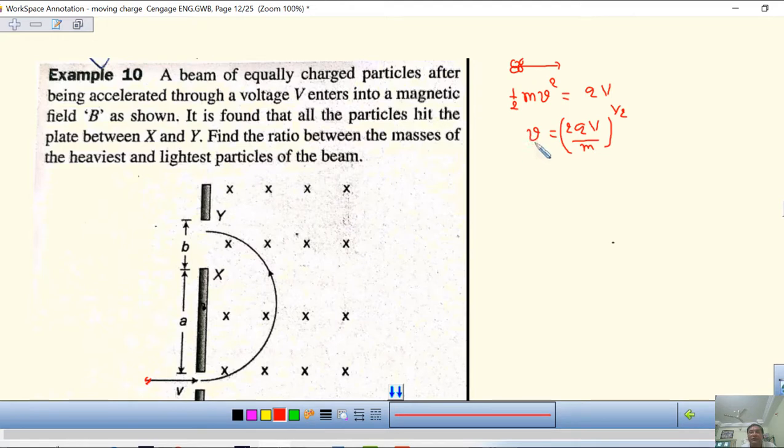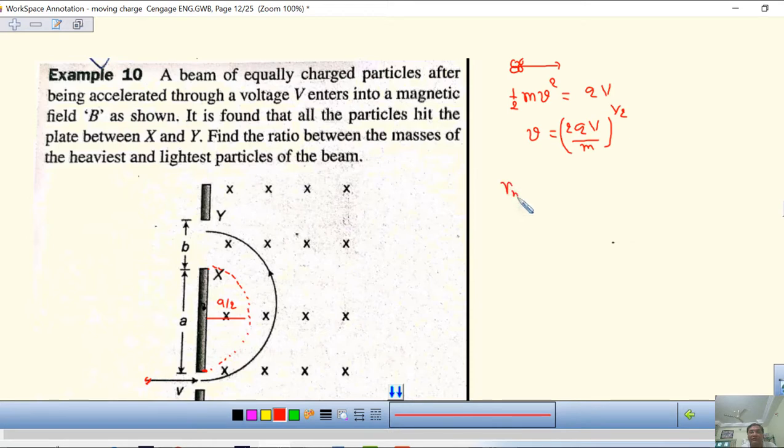And for different velocity, it means it has different radius, because velocity depends on radius. Now let's think a particle is here, I don't know, and it completes a circle like this. So this radius is a by 2.